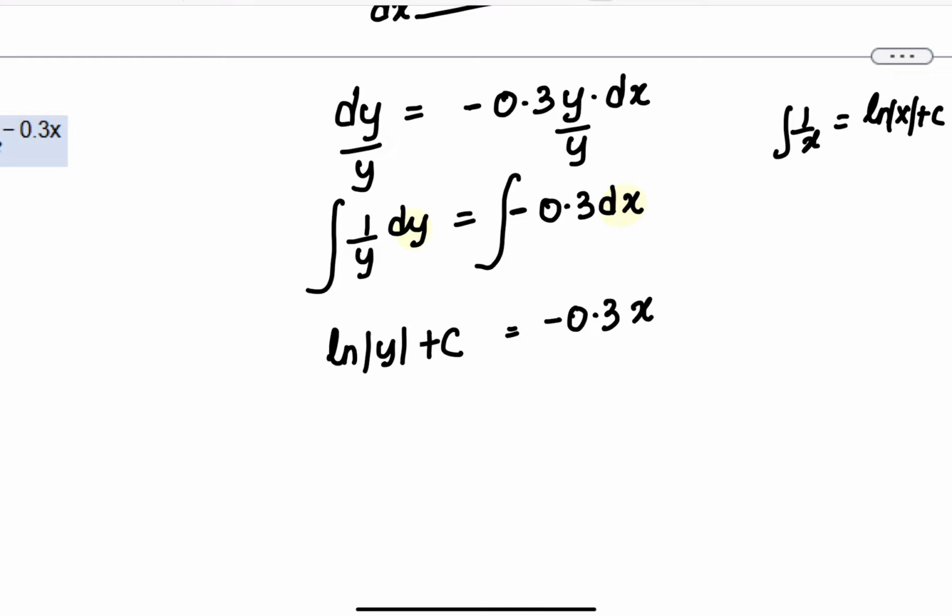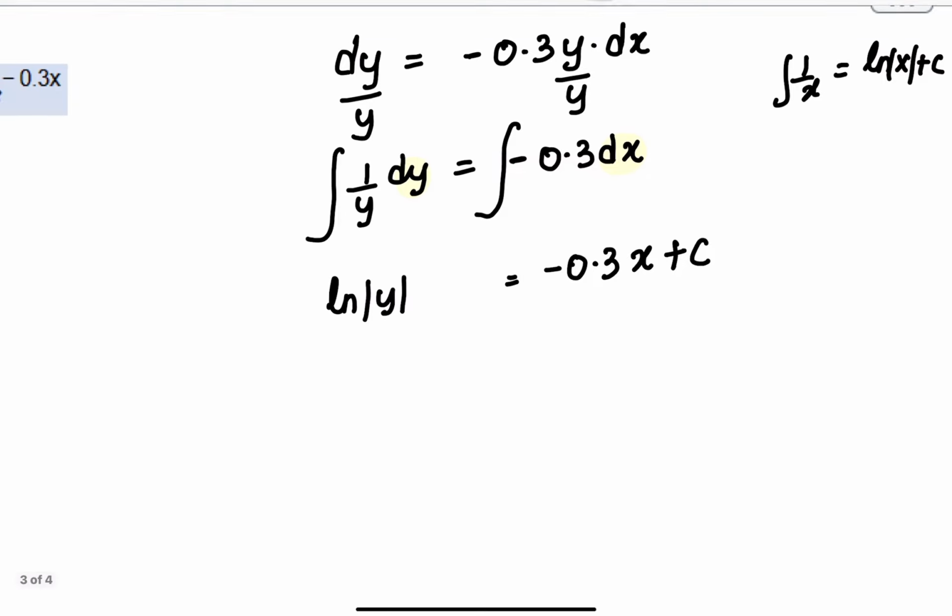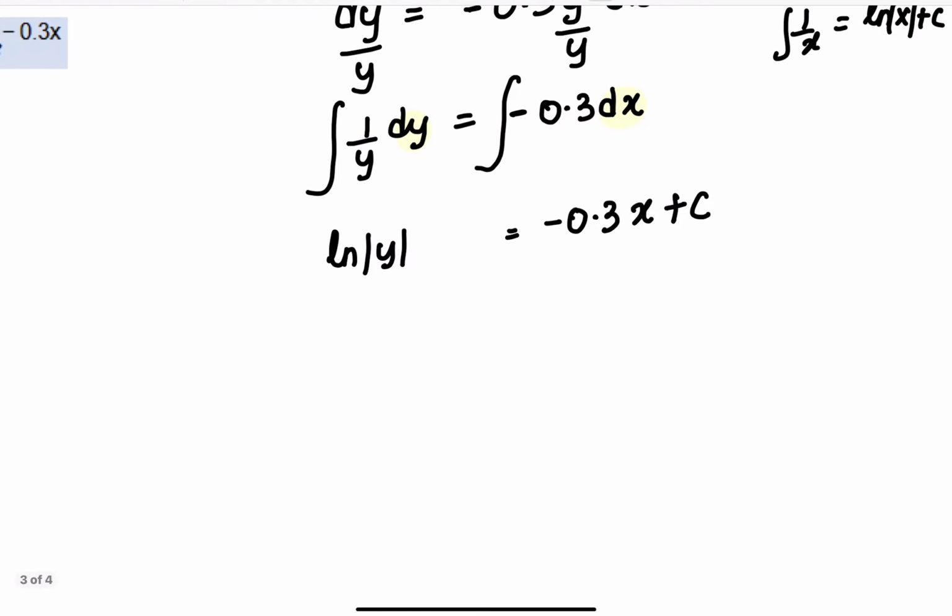Because, you know what, let me put a constant. Let me put that back. Plus a constant c here. Okay? Now the constant c has to be on this side because I need to get y by itself. All right. Now once this is done, my y is still not by itself. There is ln y.